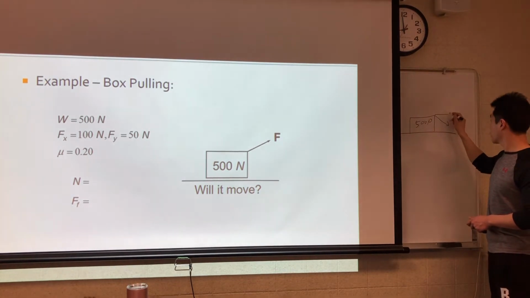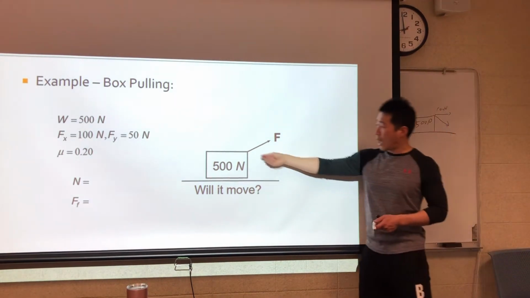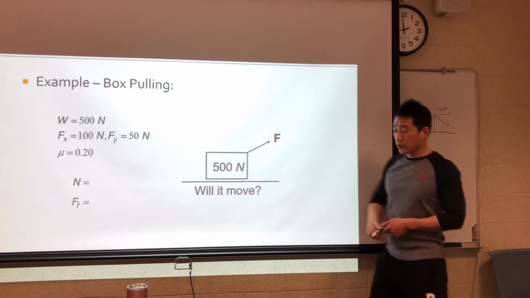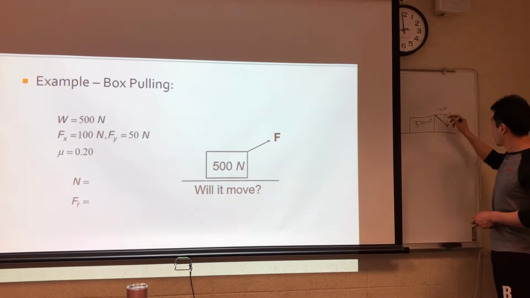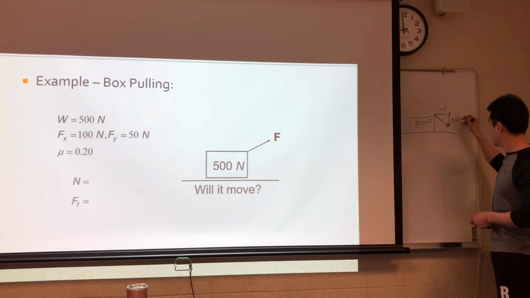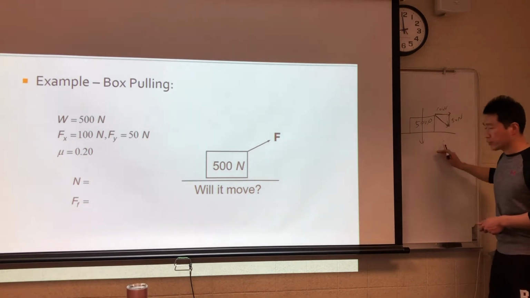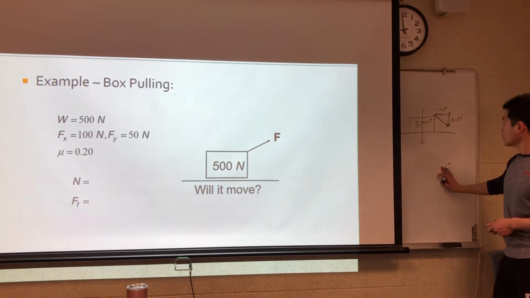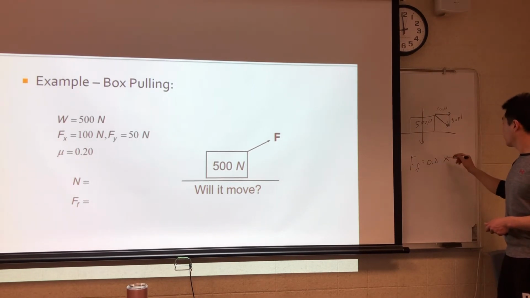It still is 100 Newton horizontally, but this time, since I'm pushing diagonally downward, this is acting down, right? So this is 100 Newton and acting down, 50 Newton. It's acting downward. This is also acting downward, which means friction will be 0.2 times 550 Newton.